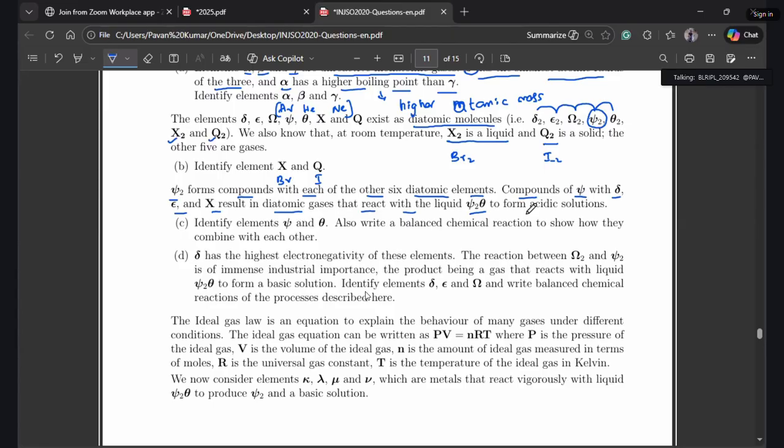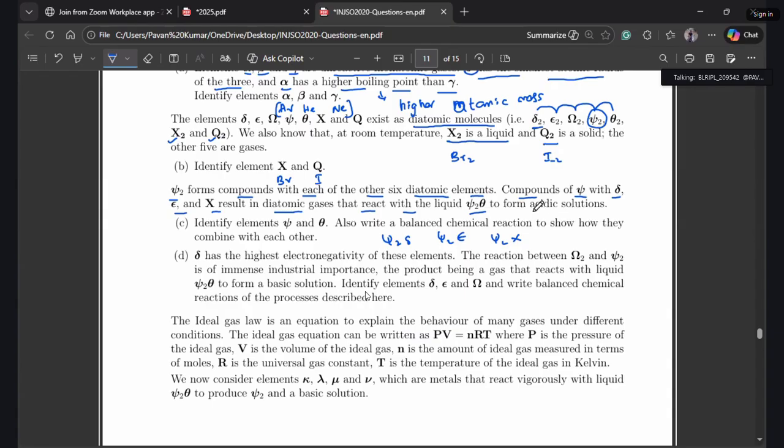Now they are telling that compounds of XY2 and delta, epsilon and X, so the reaction between XY2 delta, XY2 epsilon, XY2 X results in diatomic gases that react with the liquid to form acidic solutions. So what does it mean? Tell me, what is this liquid?